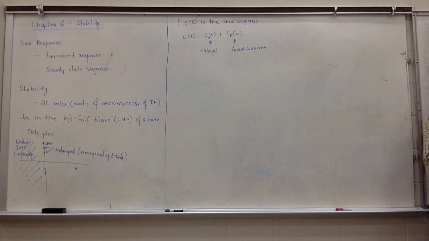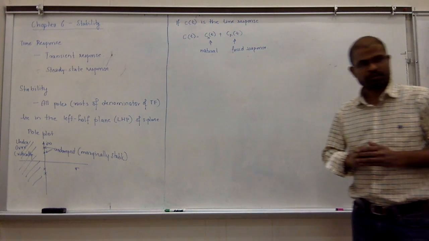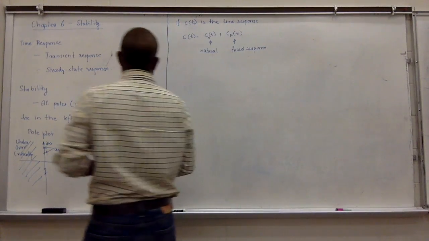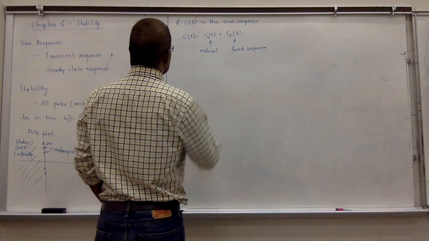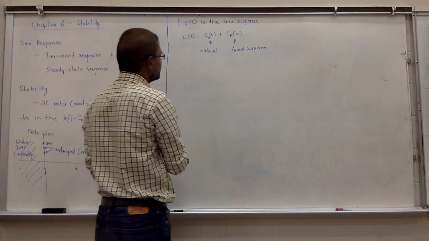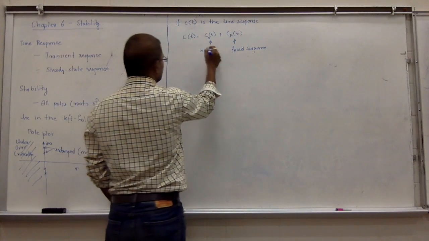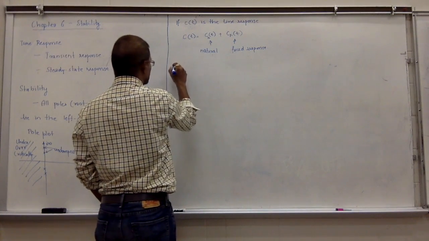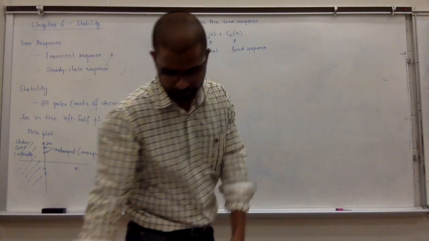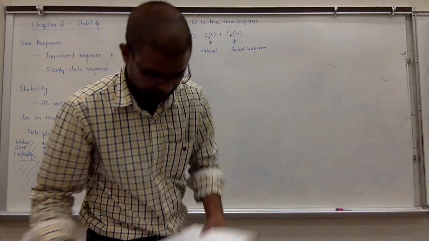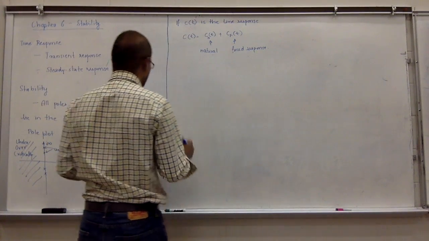No. It was mostly a natural response. So there was no forced response as such. We talk about stability in terms of this natural response. So let's look at a few definitions. We have already discussed this.